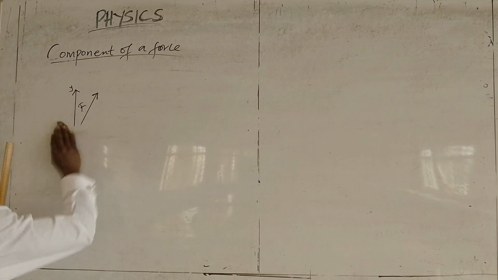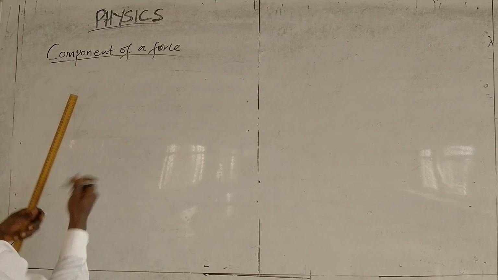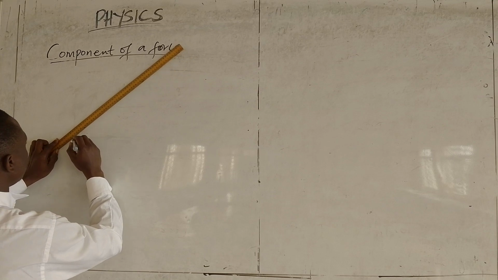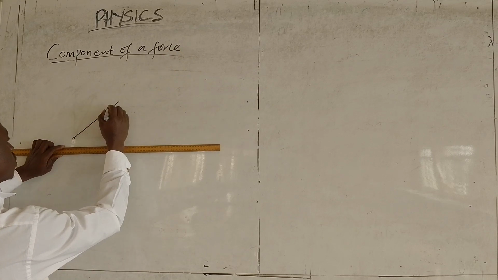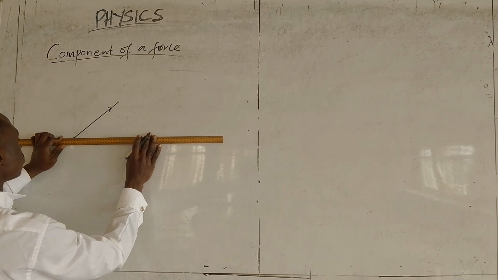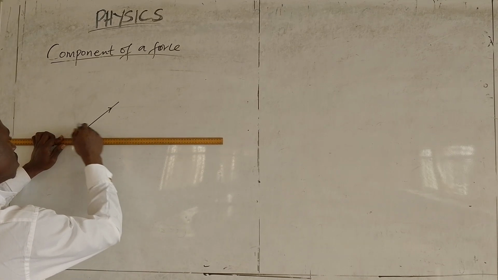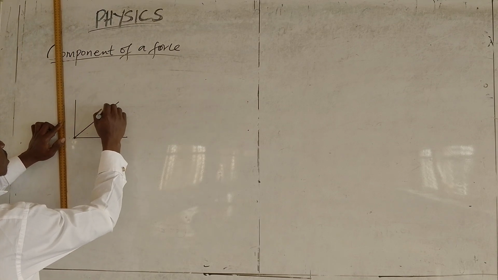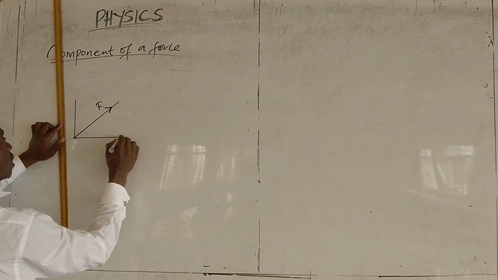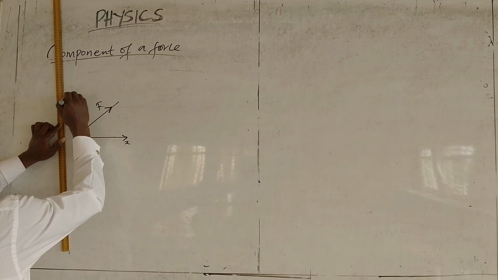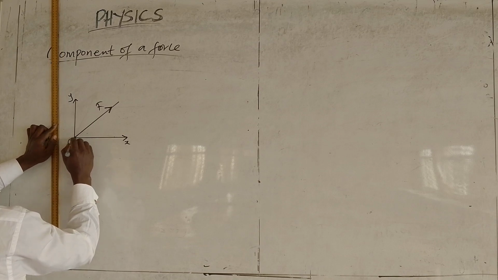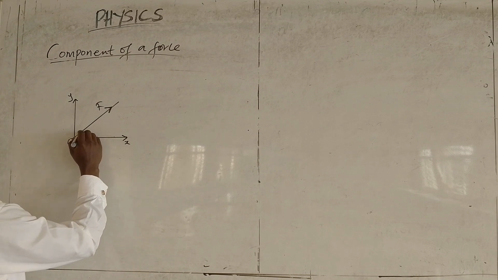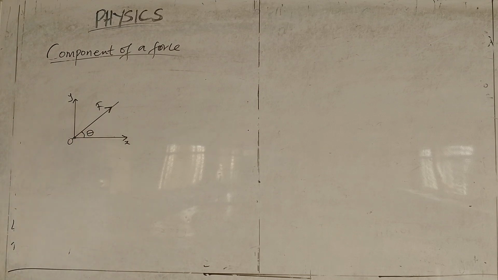So anytime a force is inclined, in between the two perpendiculars, that's in between horizontal and vertical, and you are asked to find the component of that force, this is what you are going to do. Okay, so this is the force F, this is the x, and this is the y direction. This is the origin. Now, this is the angle of inclination to the horizontal.